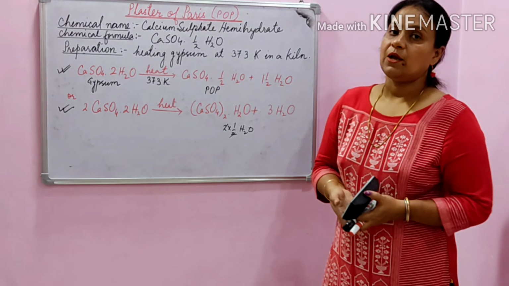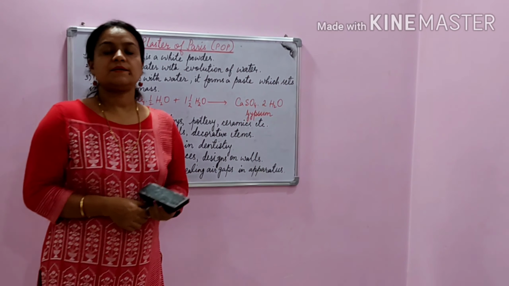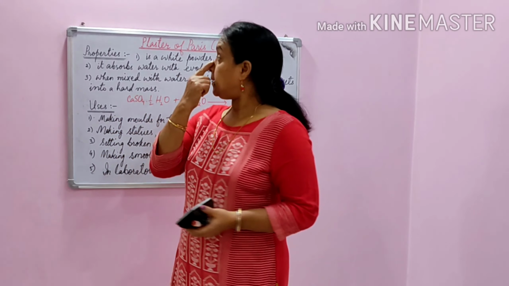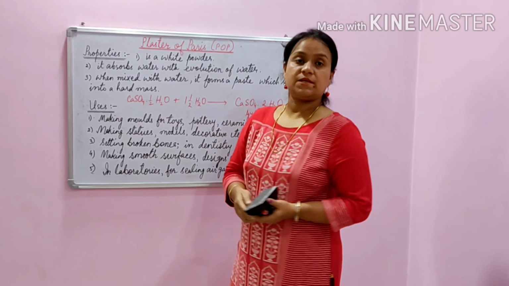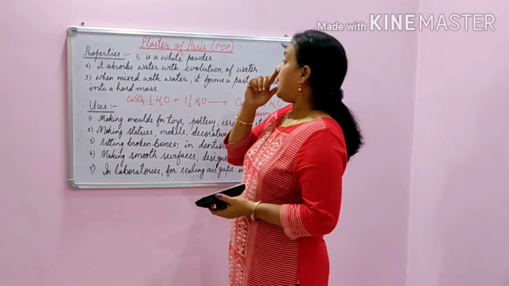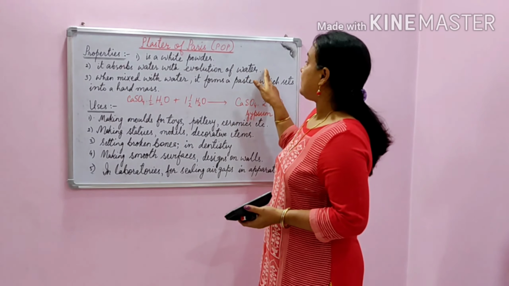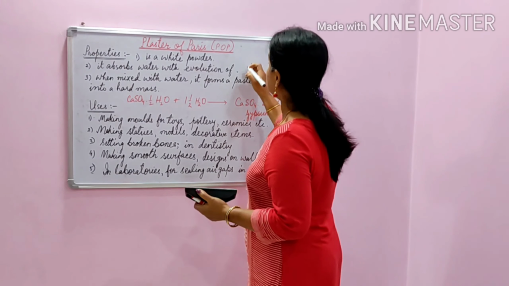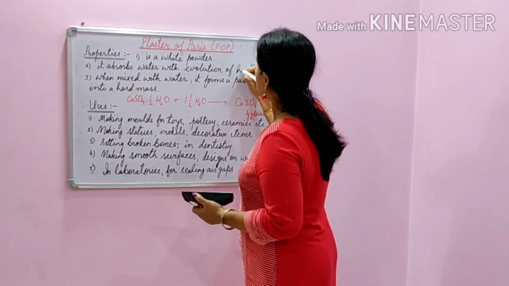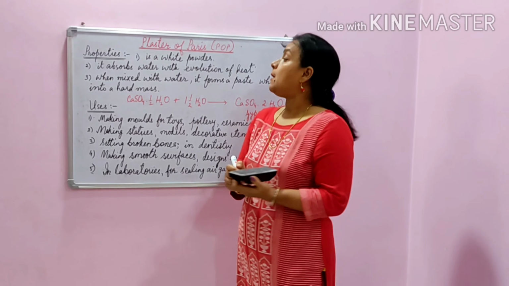Now let us understand its properties and uses. Let us understand the properties of plaster of Paris. Plaster of Paris is a white powder and it absorbs water with evolution of heat. That means when it is mixed with water, the reaction is exothermic.